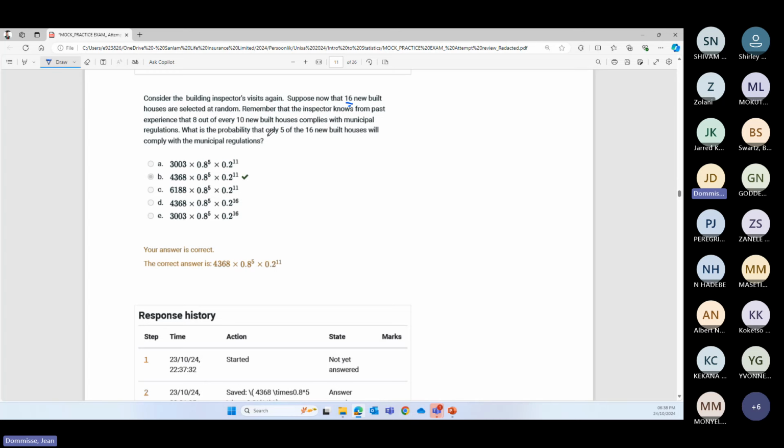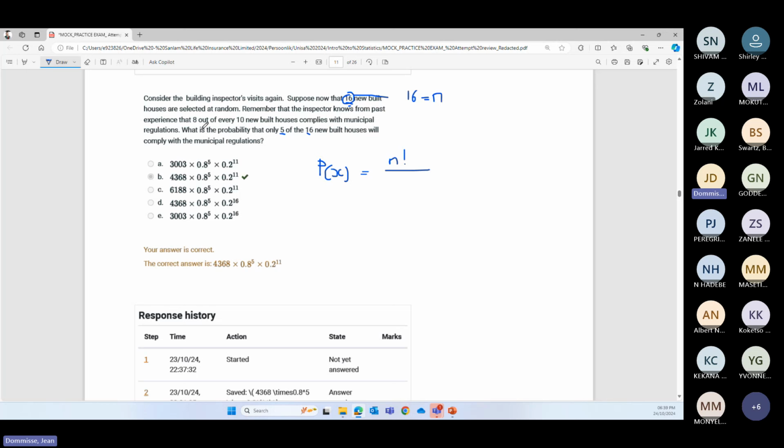What is the probability that only 5 of the 16 new built houses will comply with municipal regulation? Okay, so we have the formula in your study guide. So let's just first write out everything. So n is always the 16. Okay, so that n is 16.